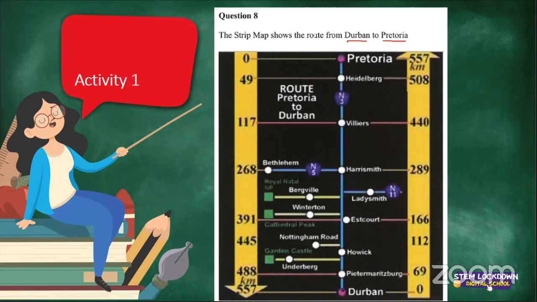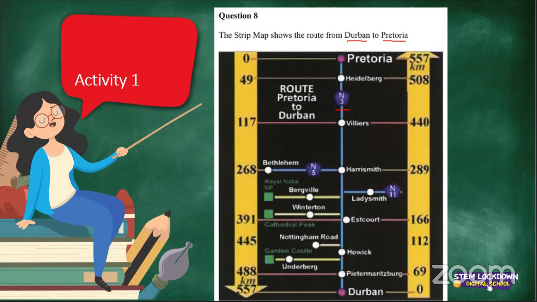If I'm moving from Durban on this road, what's the name of this road? Yes, it is N3. So if you're traveling from Durban to Pretoria, you can use N3. On N3, you pass Pietermaritzburg after 67 kilometers.